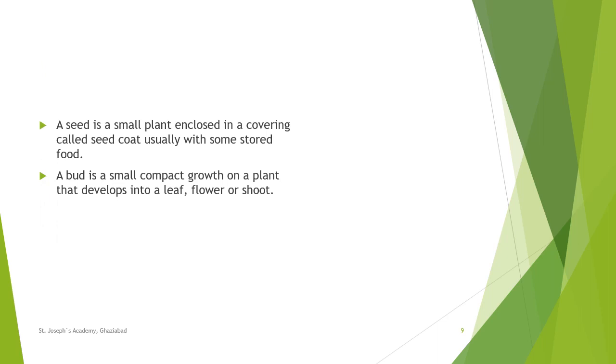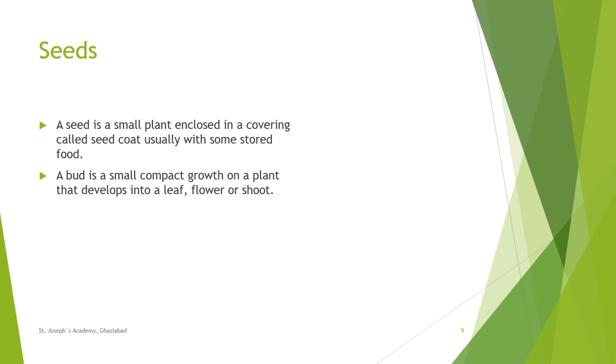Now we come to the seed. What is a seed? A seed is a small plant enclosed in a covering called seed coat, usually with some stored food. Seed may be in the form of pepper, which is black pepper also.